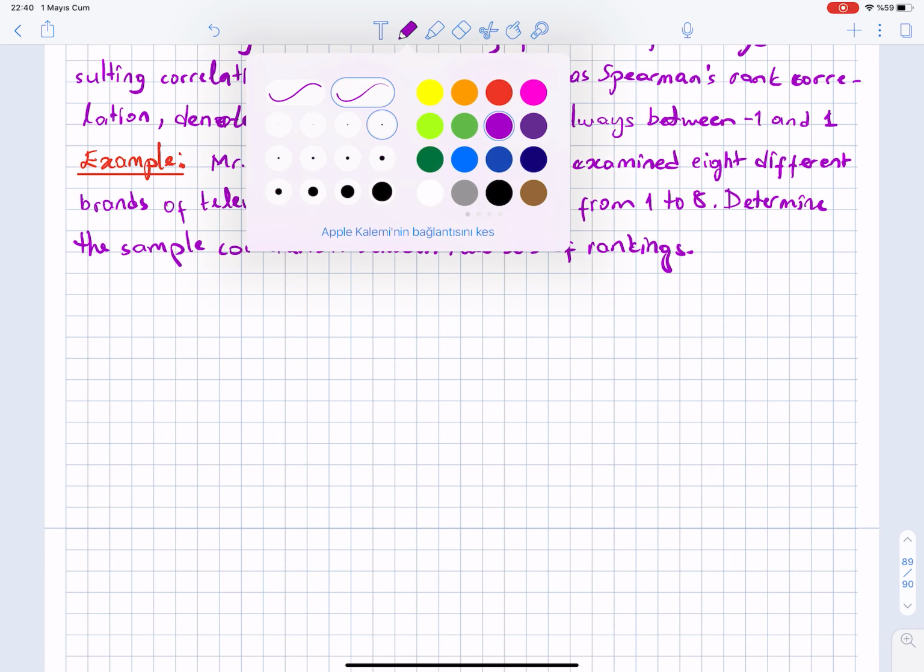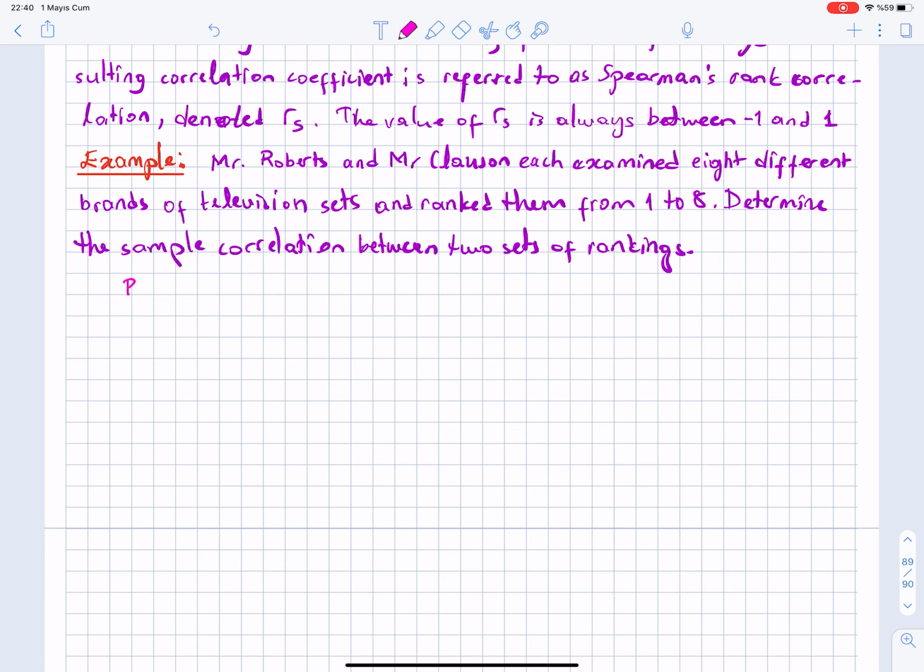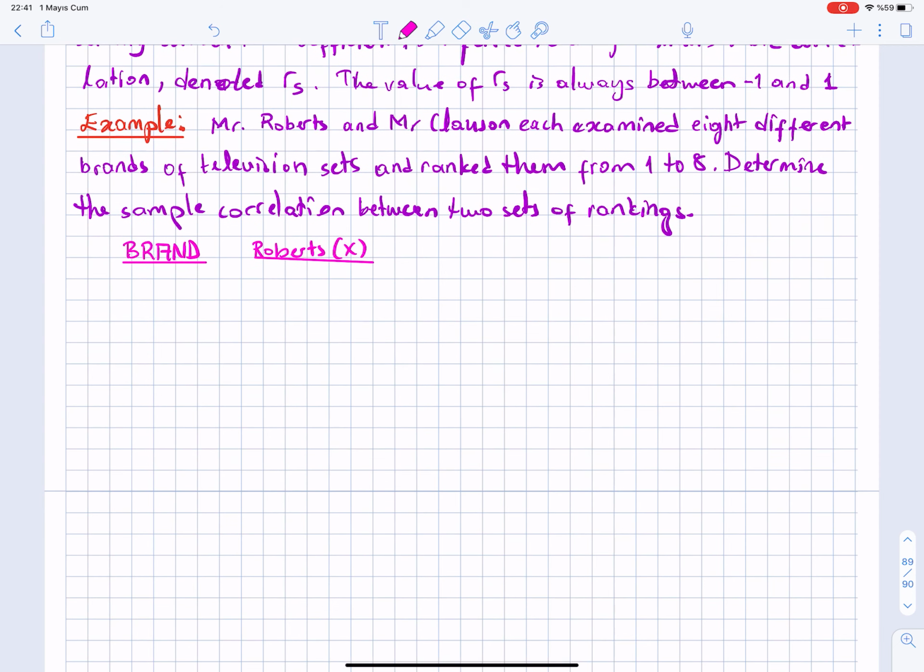The brands: Roberts is X and Clausen is Y.